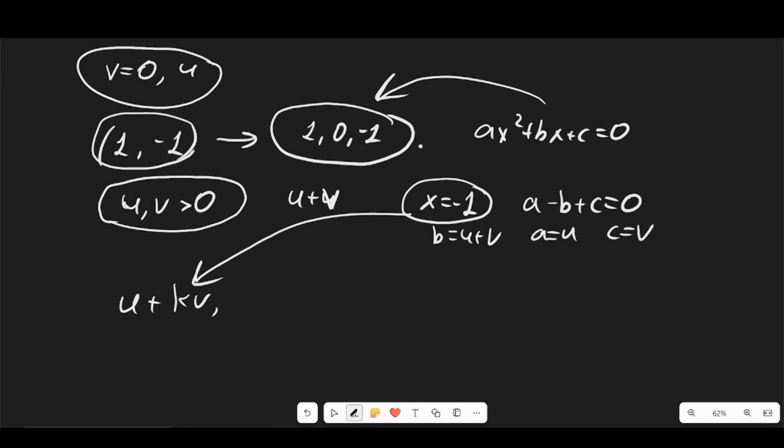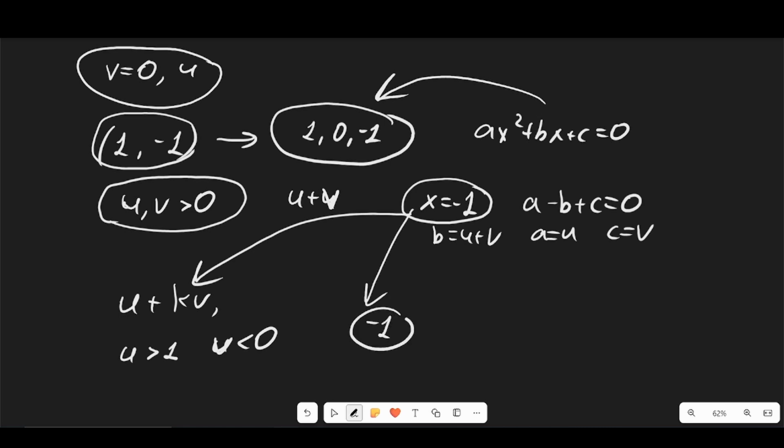And now consider the case when one number is greater than 1 and the second number is 0. If u is greater than 1 and v is 0, by using this operation, we can also generate negative 1.